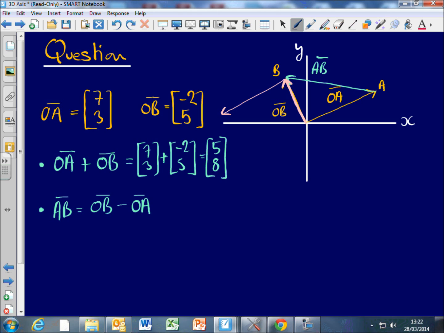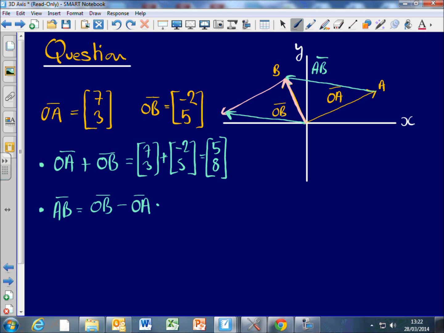Do you agree? Does it need to come down a little bit further? Looks about right to me. Okay. And so if I draw that on, O to B, take away O to A, I get a vector that looks like that. Now, are those two vectors the same, A to B? They look the same, right? Okay.